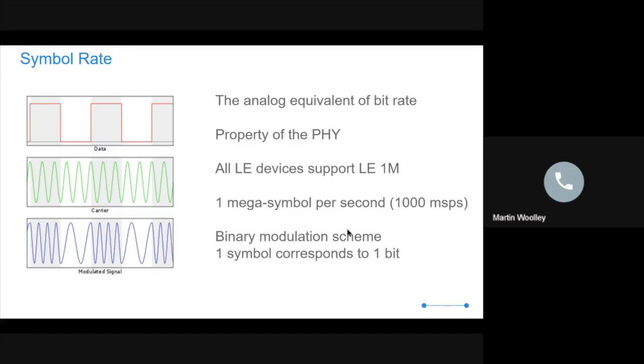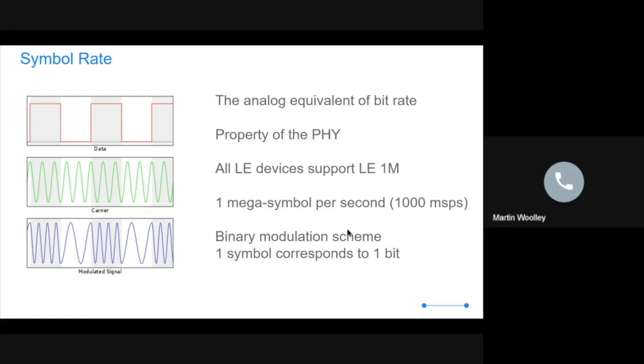Bluetooth uses something called frequency shift keying, which means that if you consider a given central frequency to represent a 1, we shift that frequency up a little bit. That's called the frequency deviation. It's 185 kilohertz, in fact. So we increase the frequency by 185 kilohertz to represent a 1 and transmit that signal for a period of time.